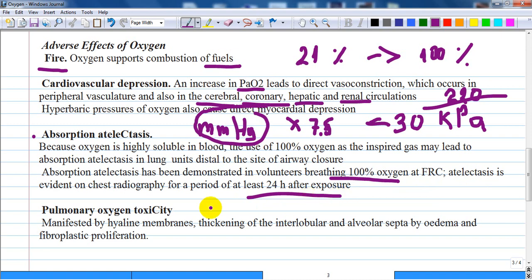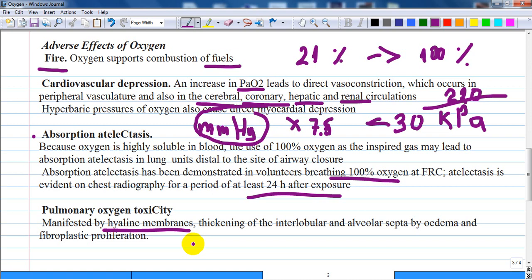Pulmonary toxicity is another effect, and chronic inhalation of a high inspired oxygen concentration may result in the condition termed pulmonary oxygen toxicity, which is manifested by hyaline membranes, and thickening of the interlobular and alveolar septa by edema and fibroblastic proliferation.